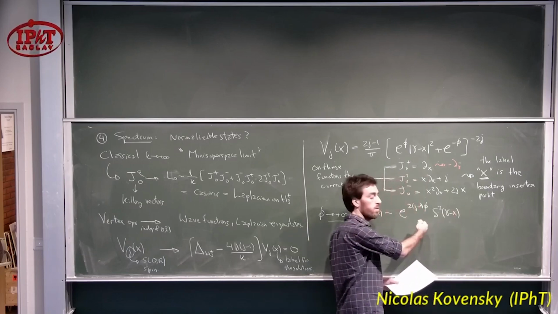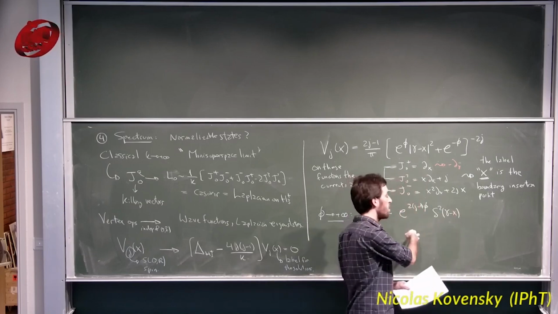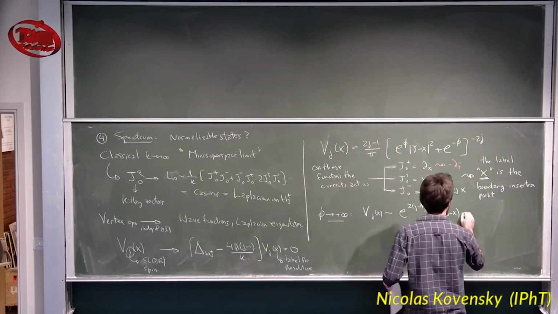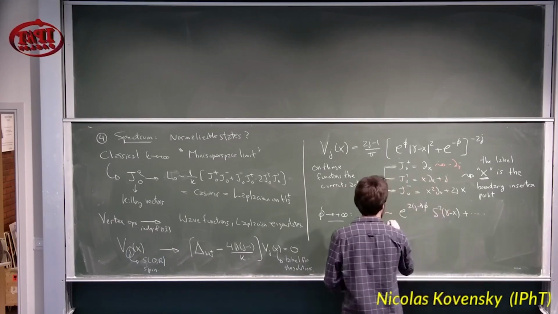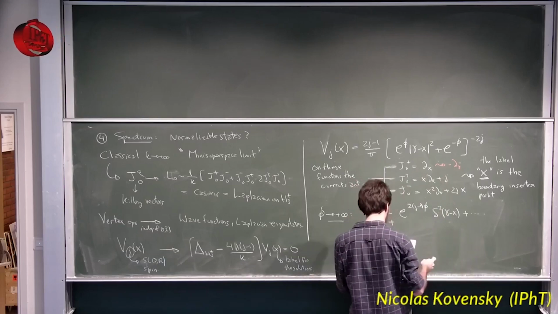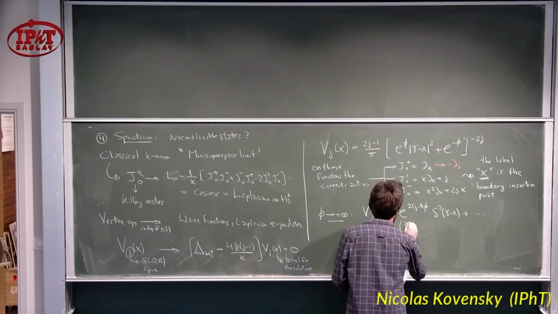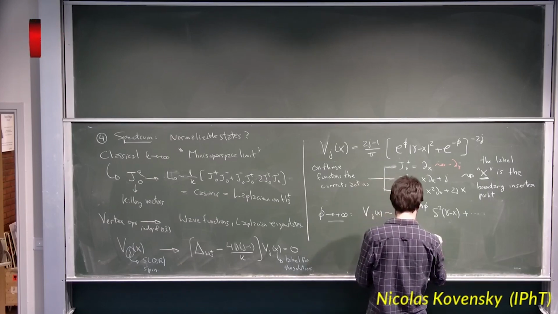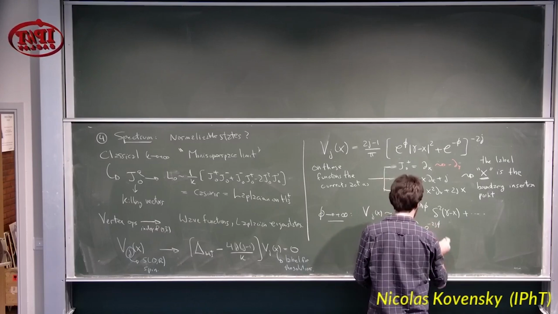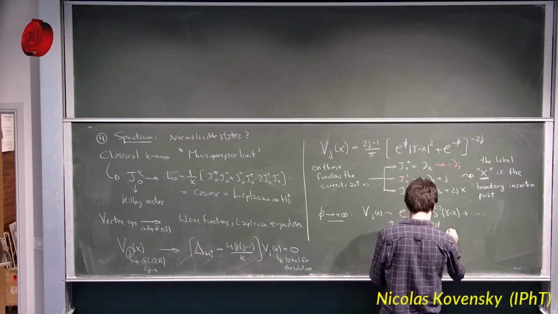This comes from one of the usual limit type expressions for the Dirac delta. Plus a bunch of corrections, and then you have another series of terms which starts with j minus 1 and e to the minus 2j phi.